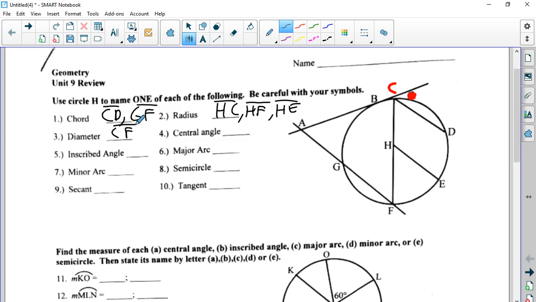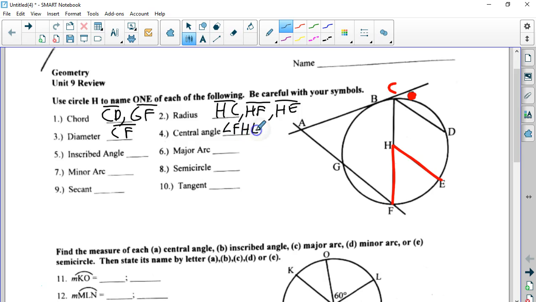Central angle. That has to have H in the middle. Okay? So any angle with H in the middle, such as FHE. And remember, you put the angle symbol.